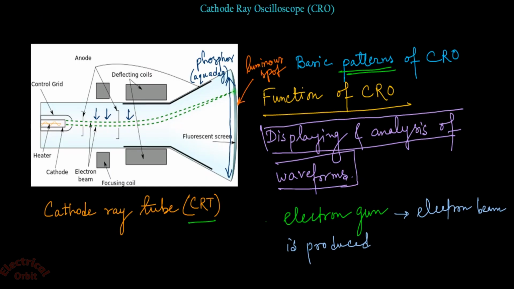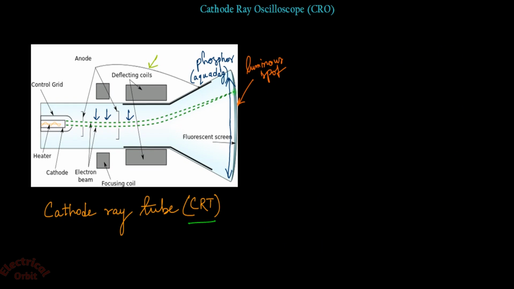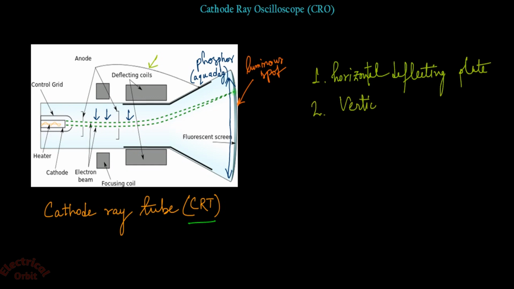Now, there is a very important part in CRO called deflecting coils or deflecting plates. Those are mostly of two types: one is the horizontal deflecting plate and another is the vertical deflecting plate. Now, what is the function of these plates?